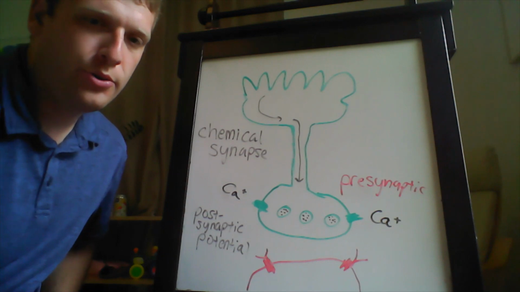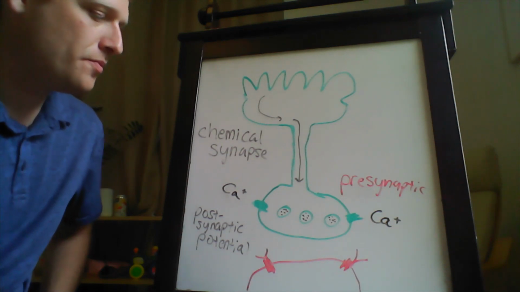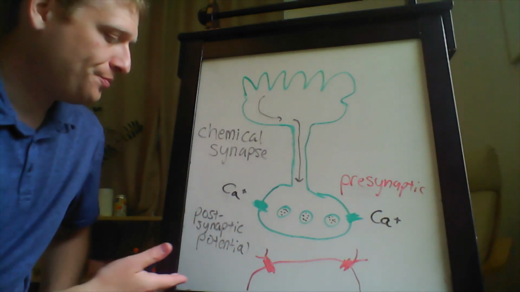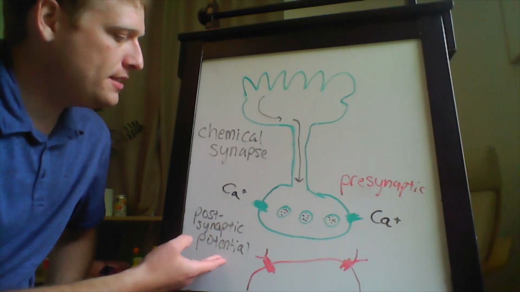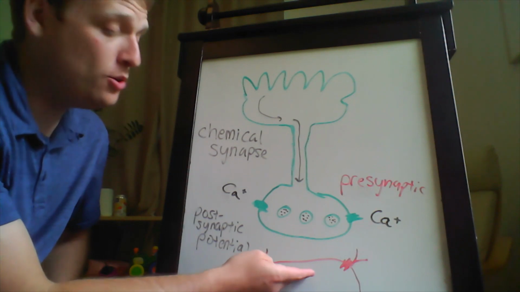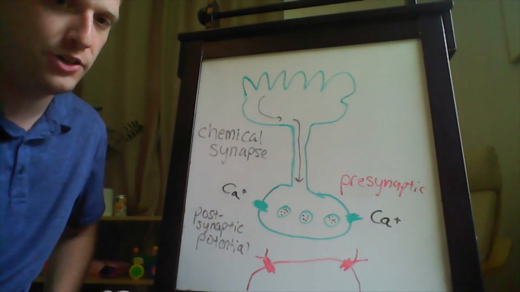So let's walk through the events that happen at a chemical synapse that lead to what's called a postsynaptic potential. And this is just whatever the effect on the postsynaptic cell is going to be. It's called the postsynaptic potential.